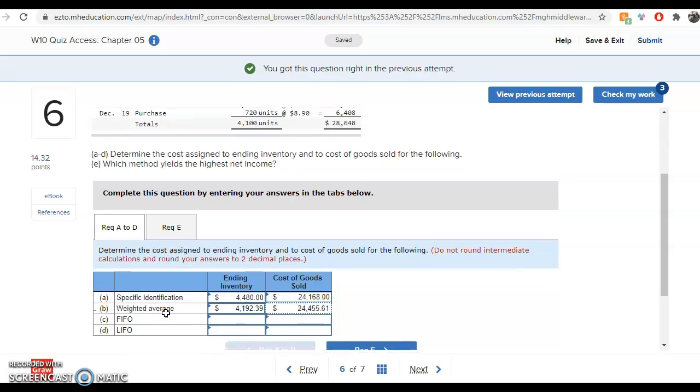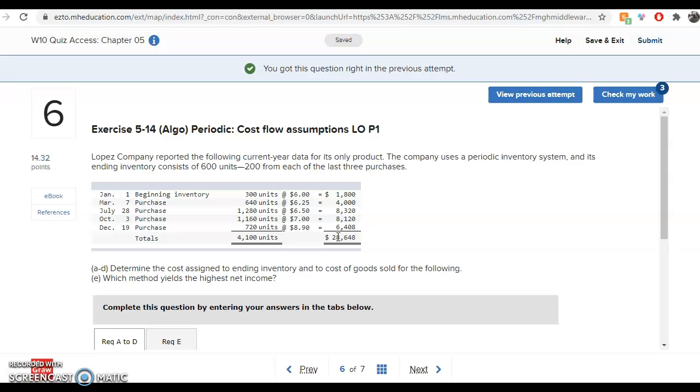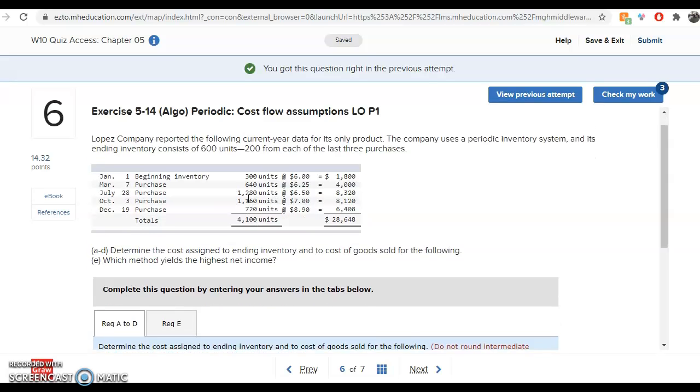All right. So we have FIFO, or first in, first out. So this essentially is saying that when they sell all of these units, except for these last 600, they sold these ones. They didn't sell the last of it. They sold the first ones.